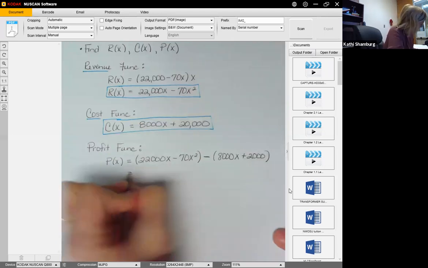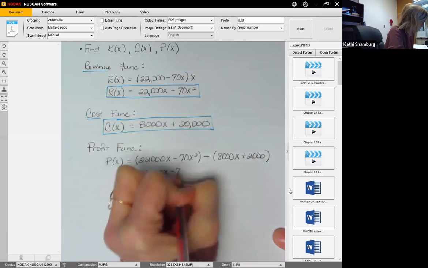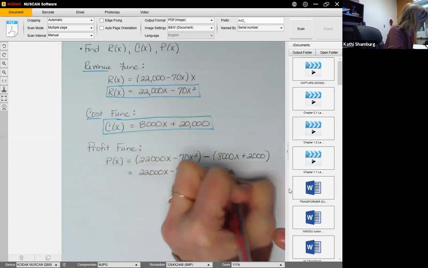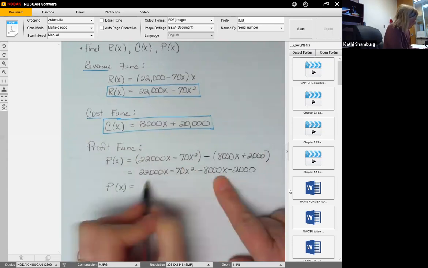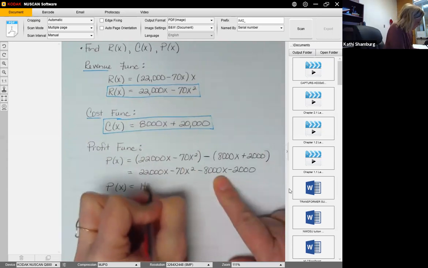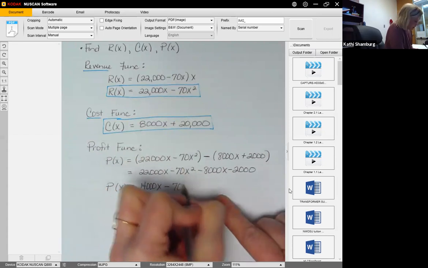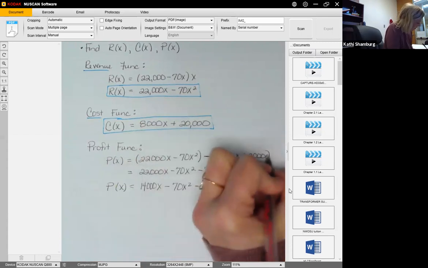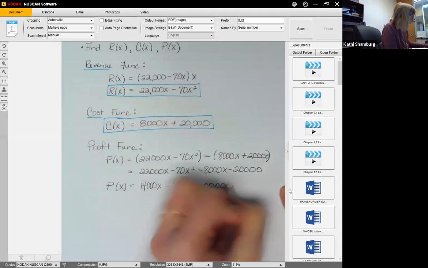So of course that's 22,000x minus 70x squared minus 8,000x minus 20,000. So our profit function is, combining like terms, 14,000x minus 70x squared minus 20,000. That would not have been good if it was 2,000.